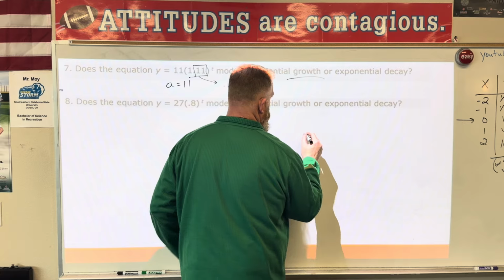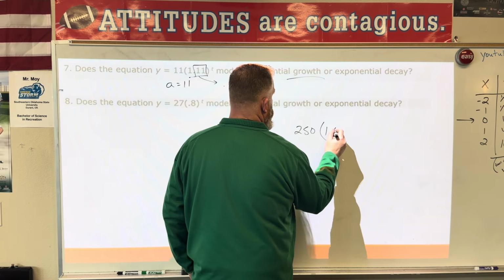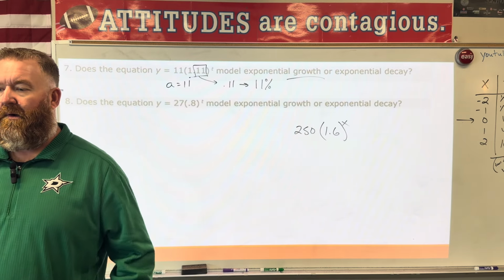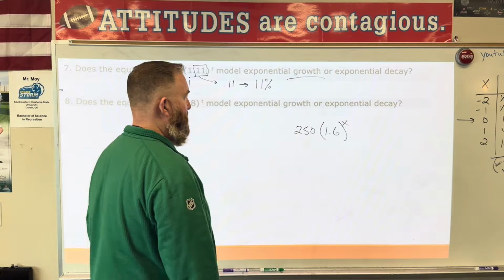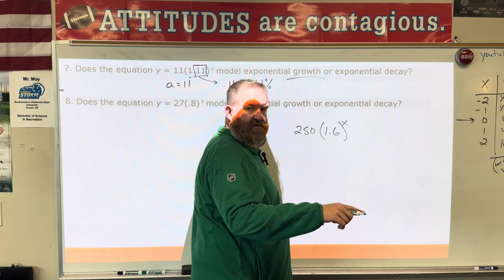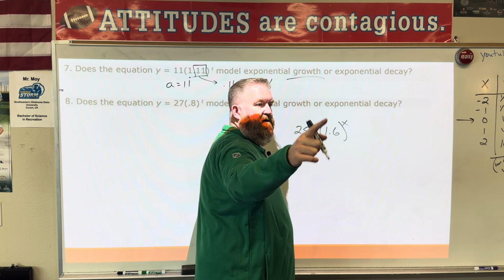Forget about this problem. Let's say I have 250 and then I go 1.6 with an x. What percentage is that increase? 0.6 what? We have to move it twice. 60%.